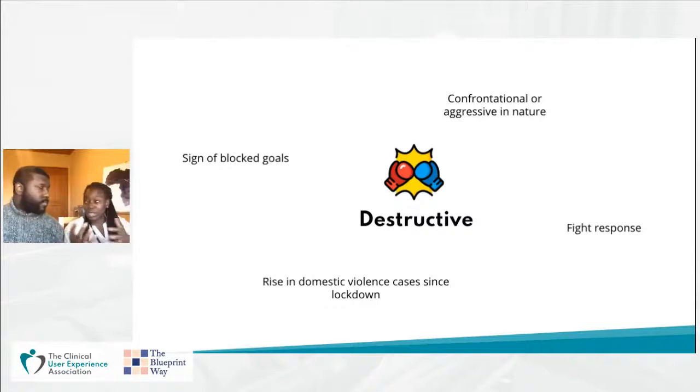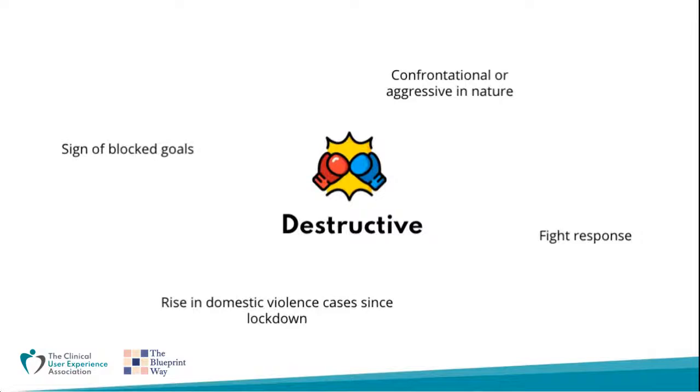And as we've already touched on a little bit, there are many goals this year that have been blocked because of COVID-19, whether it's travel, wedding plans, new jobs, or being furloughed in the job that you have, or actually being laid off from the job that you have. So there are so many things that have been blocked, that have been delayed for us this year. And so anger is a sign of these blocked goals.